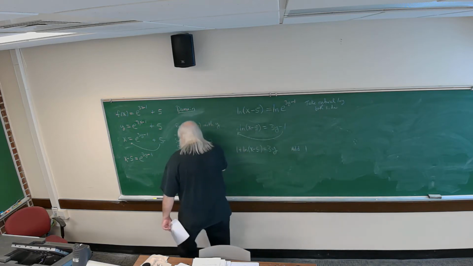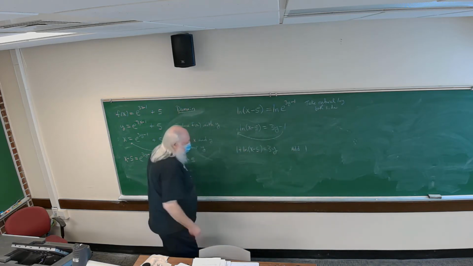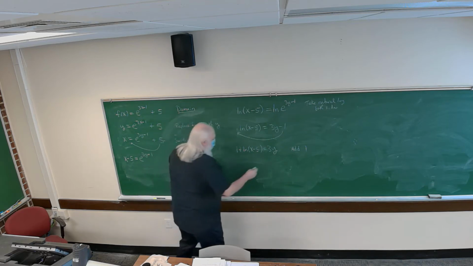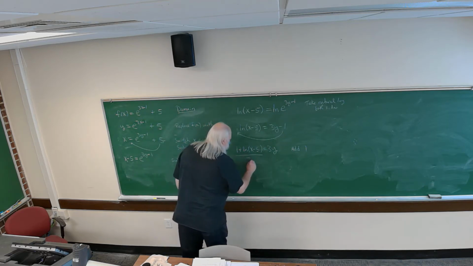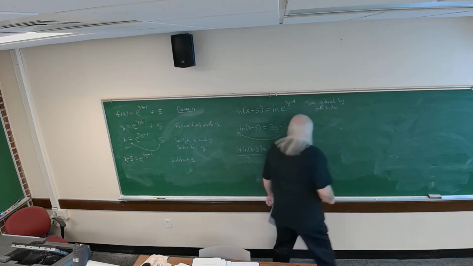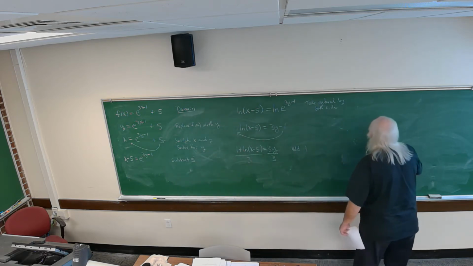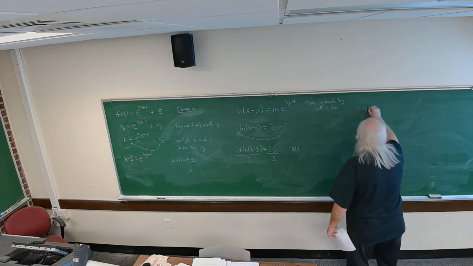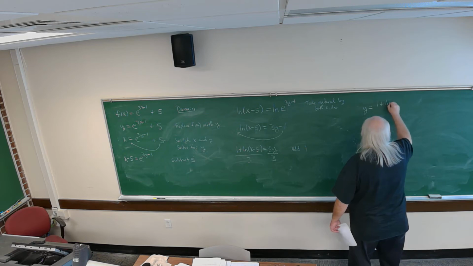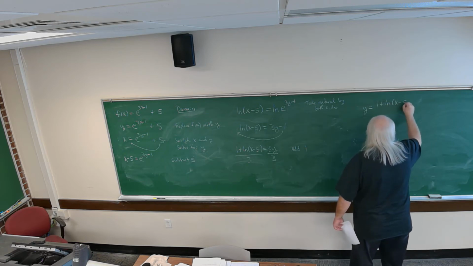And now we divide both sides by 3 to isolate y on the right-hand side. And when we switch the two sides, we have y is equal to 1 plus the natural log of x minus 5, over 3.